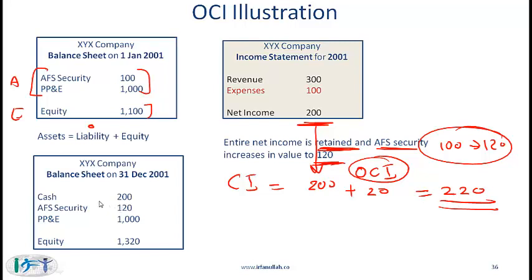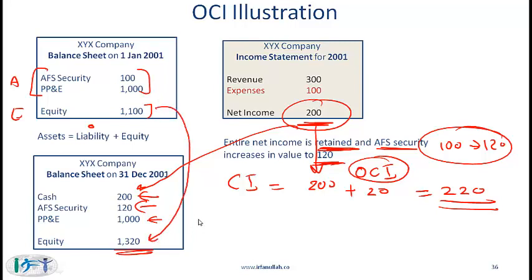Let's look at the balance sheet. The cash is 200. This is coming from the net income. The AFS security has gone up to 120. So that's shown over here. Assume that the property, plant and equipment is still at 1,000, and equity has gone up to 1,320. Notice that the increase in equity is 220.